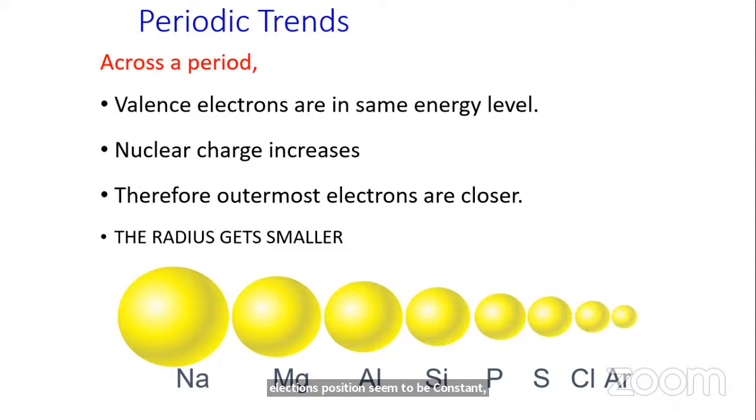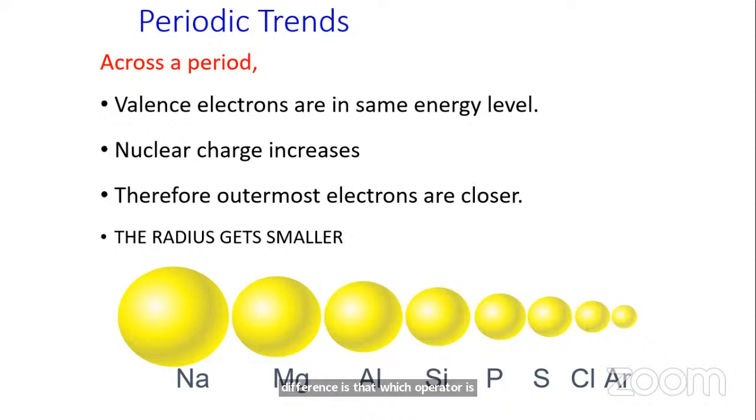The nuclear charge increases because sodium is atomic number 11, magnesium is 12, aluminum 13, silicon 14, phosphorus 15, sulfur 16, chlorine 17, and argon 18. So the atomic number increases as we go across the period. Now with the increase in atomic number and the same size, that is, the distance between the nucleus and the valence orbital within each period is almost the same, the energy level being the same, the only difference is which orbital is filled within that energy level.